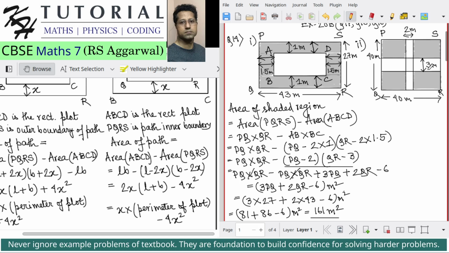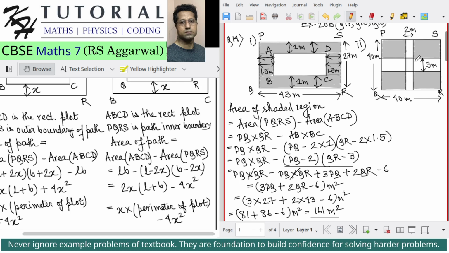One width is 2 meter and the other width is 3 meter. So what we will do is compute the area of the square PQRS, and then subtract the area of the white region.